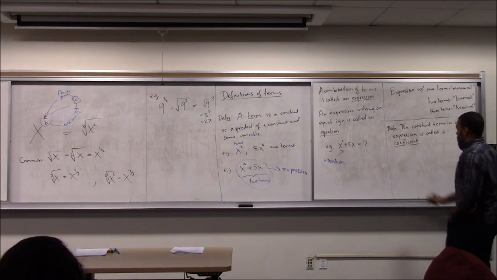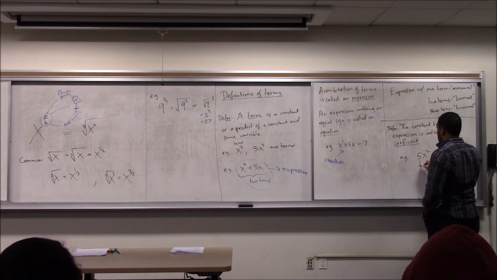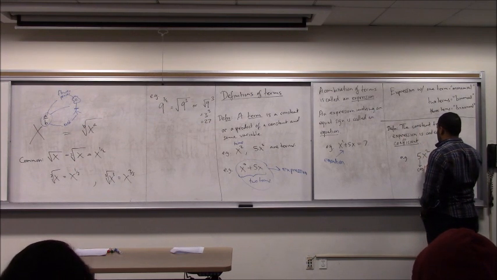The constant attached to a term is called a coefficient. Example, in 5x squared, the 5 is called a coefficient.